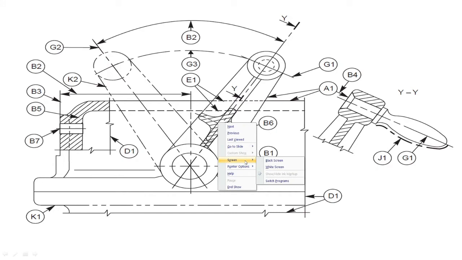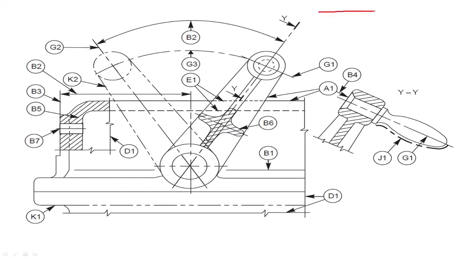Let us take an example. If you have a bar and you want to represent its entire dimension, you can break out this portion with the help of a zigzag line. Then you can represent its dimension.